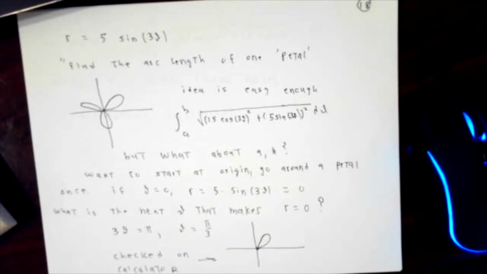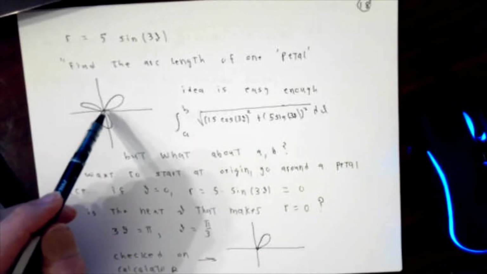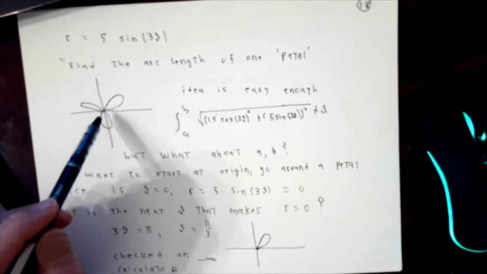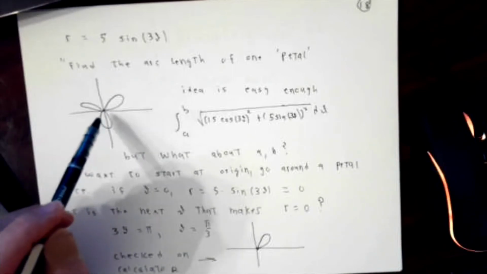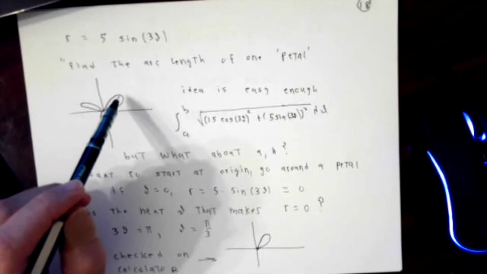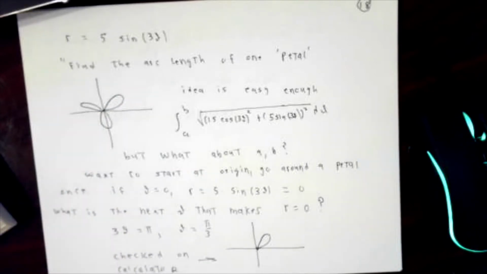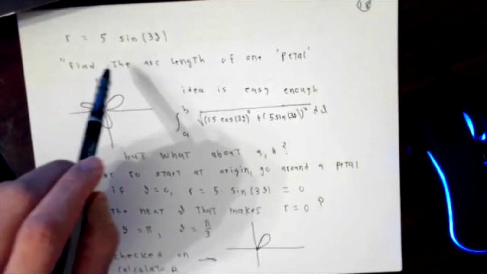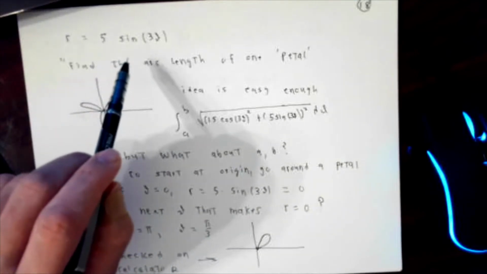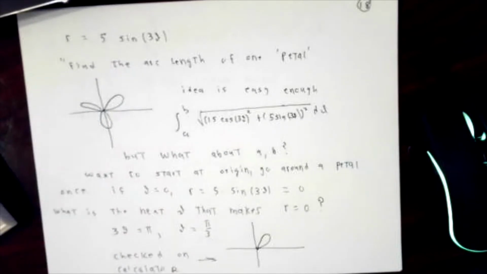So really, the only issue here is how do I get the beginning and ending values? I want to start at the origin, and I want to have theta increase until I'm back at the origin again. If theta is 0, r is 5 times sine of 3 times 0, that would be 0.